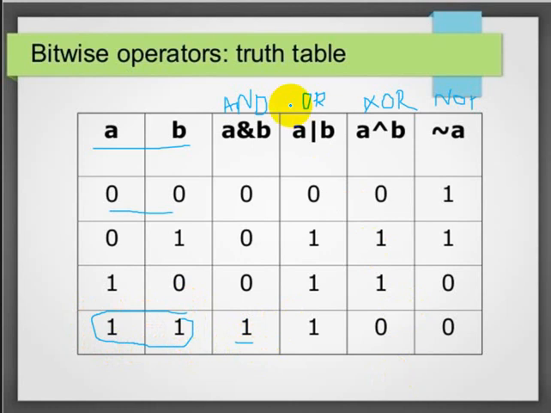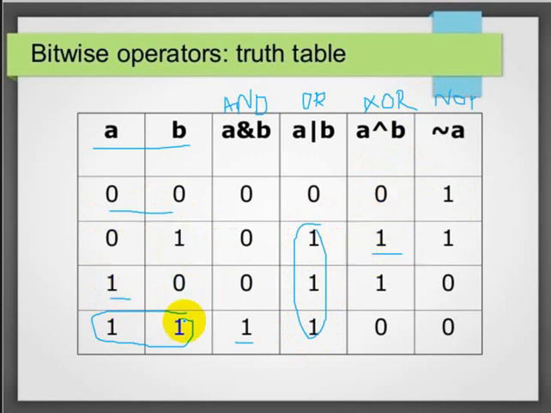The truth table of the logical AND and the bitwise AND is common, but one thing is that there we work on the logical values true or false. Here it is going to be binary. For the OR operation, whenever you have 1 in any one of the inputs, we get 1. And for XOR, the two inputs should not be the same.